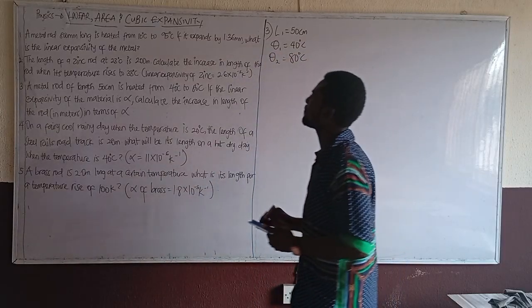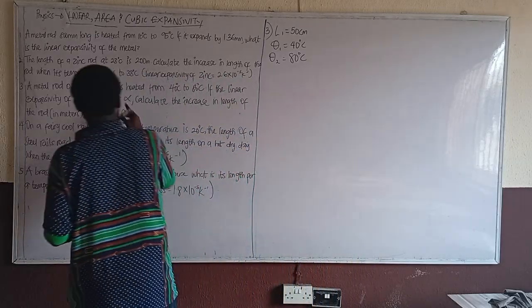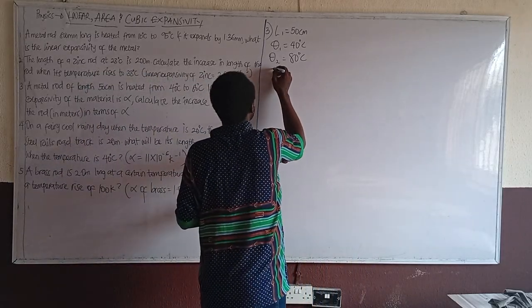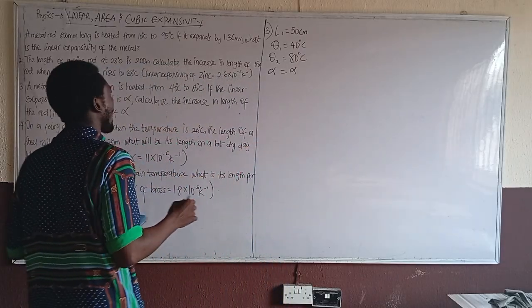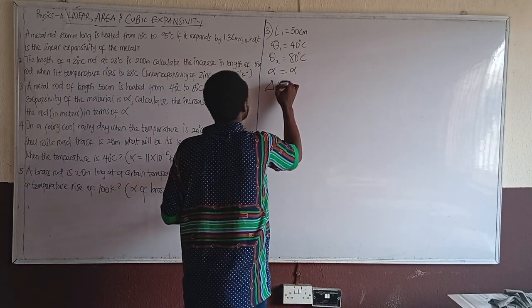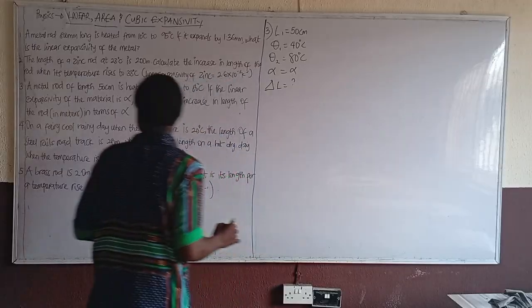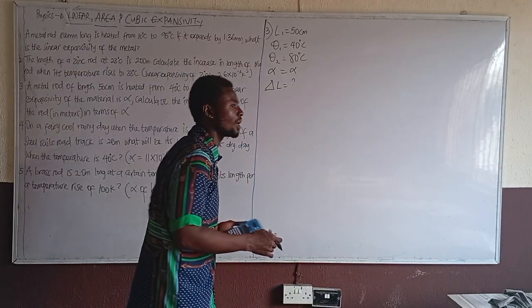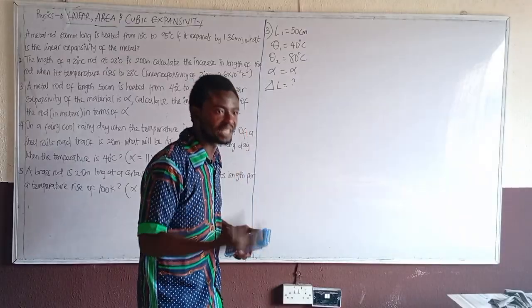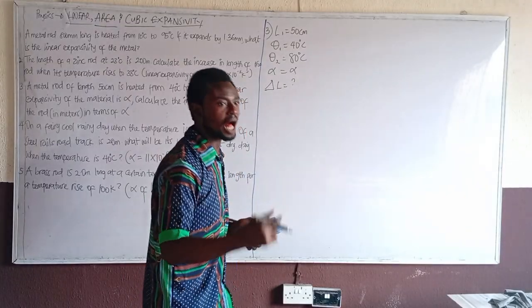If the linear expansivity of the material is alpha, then they say calculate the increase in length, that is delta L, of the rod in meters in terms of alpha.